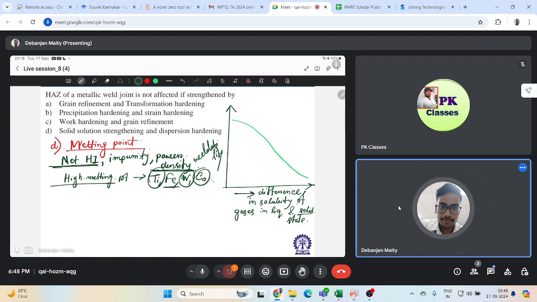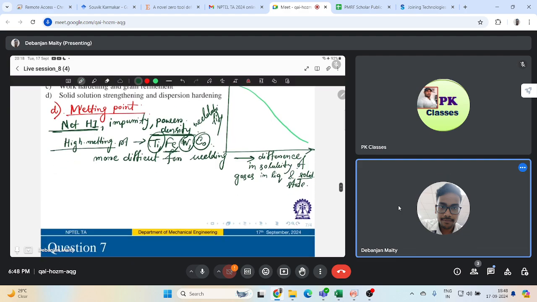So high melting point metals are more difficult for welding compared to low melting point metals.